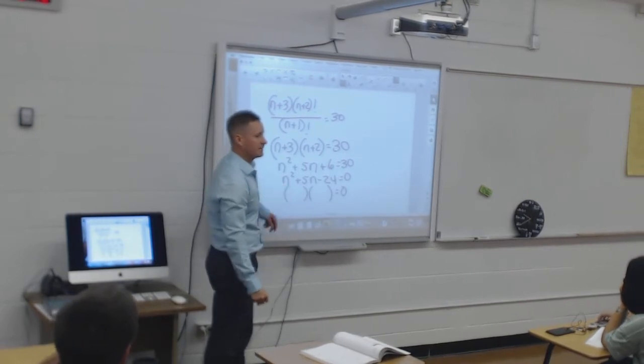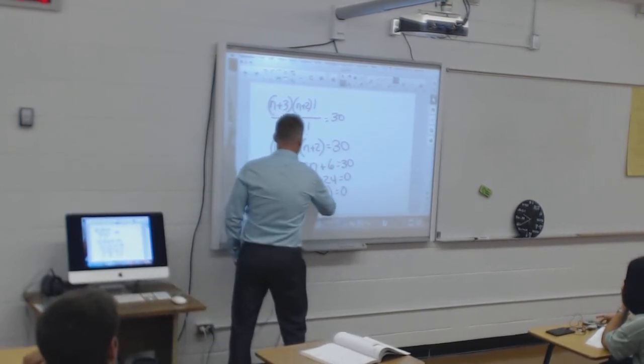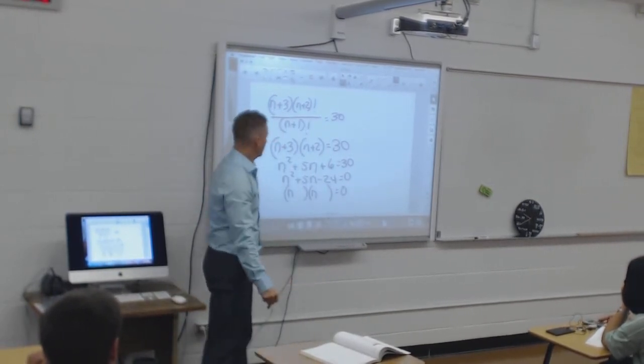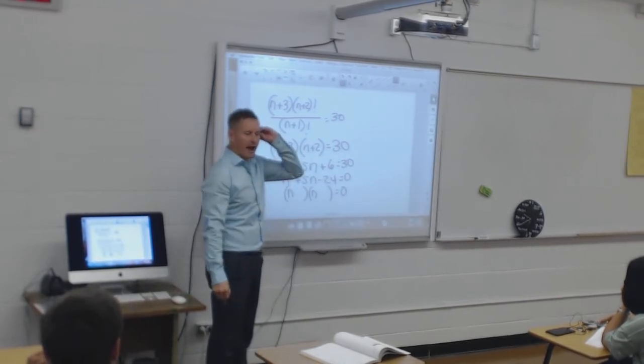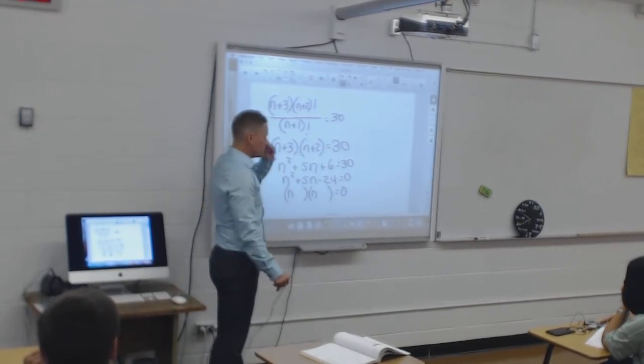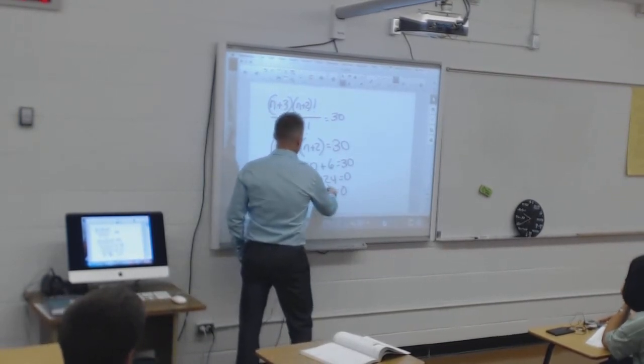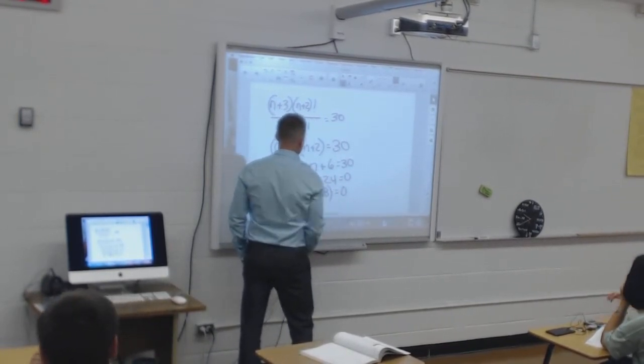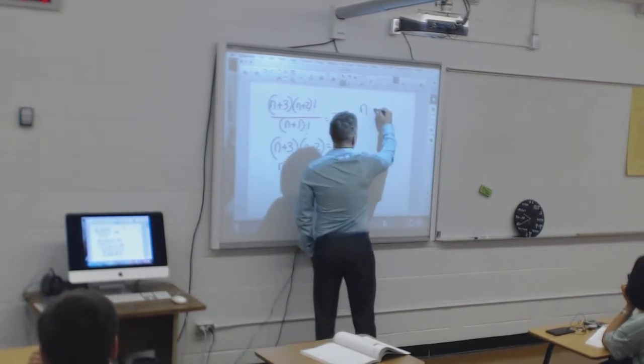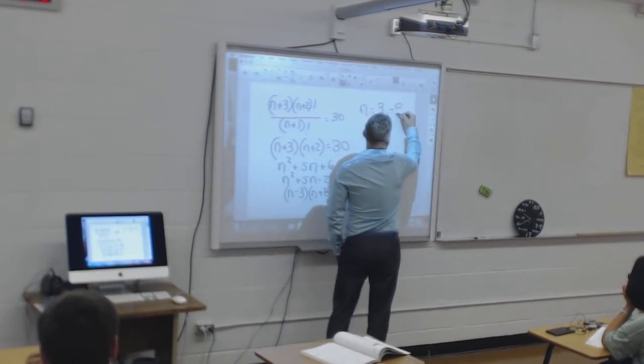Factors of n squared: n and n. Factors of minus 24 that add to give me 5: negative 3 and plus 8. So n is equal to 3 and negative 8.